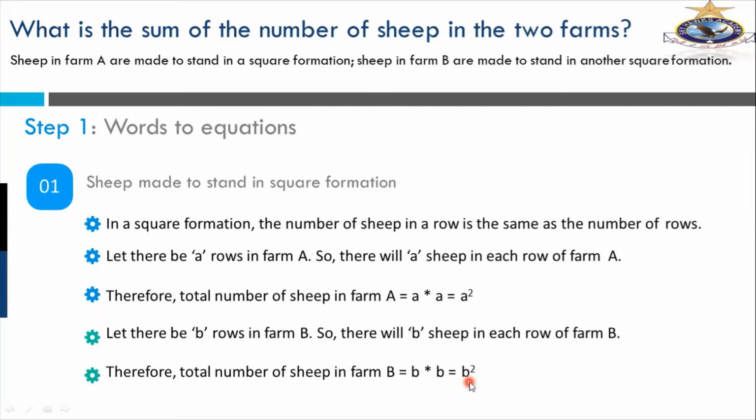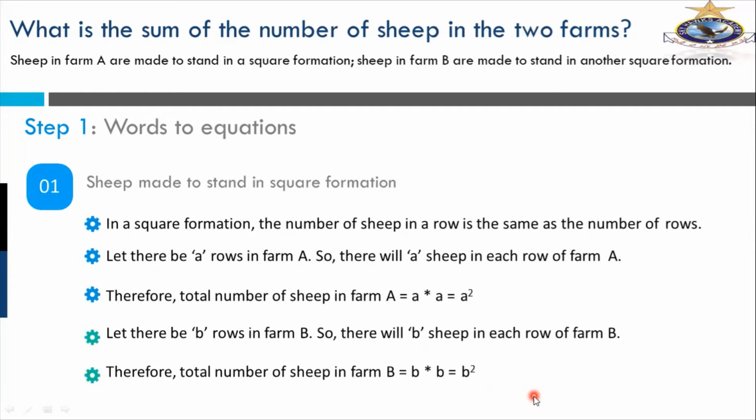These are two unknowns, two variables. We are still far away from the correct answer, but we are making things easier so we can use mathematical formulas and procedures.